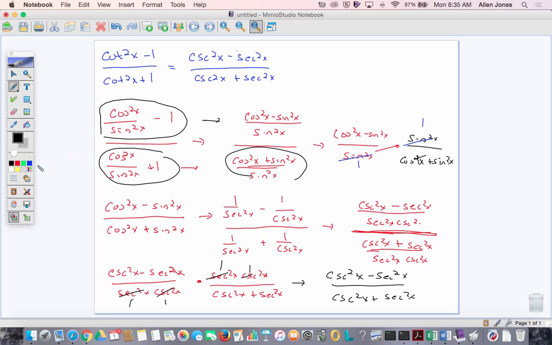Okay, so that's a fairly long problem because we had to do common denominators on two different occasions. But it's a step-by-step process, changing the sines and cosines, changing them to secants and cosecants, and multiplying by the reciprocal a couple of times made this problem work out.